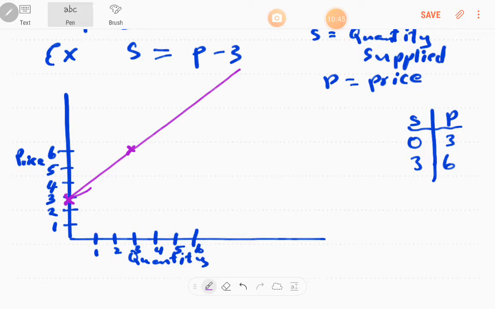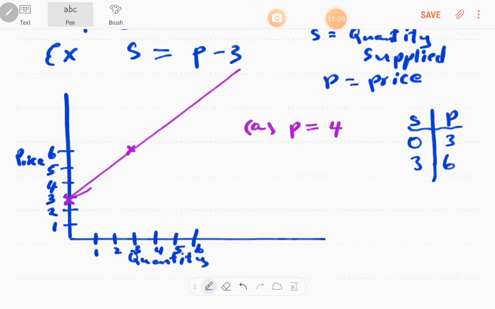Now, let's ask a few questions about the price, right? So let's look at it when the price, say, is 4. What is the quantity supplied when the price is 4?